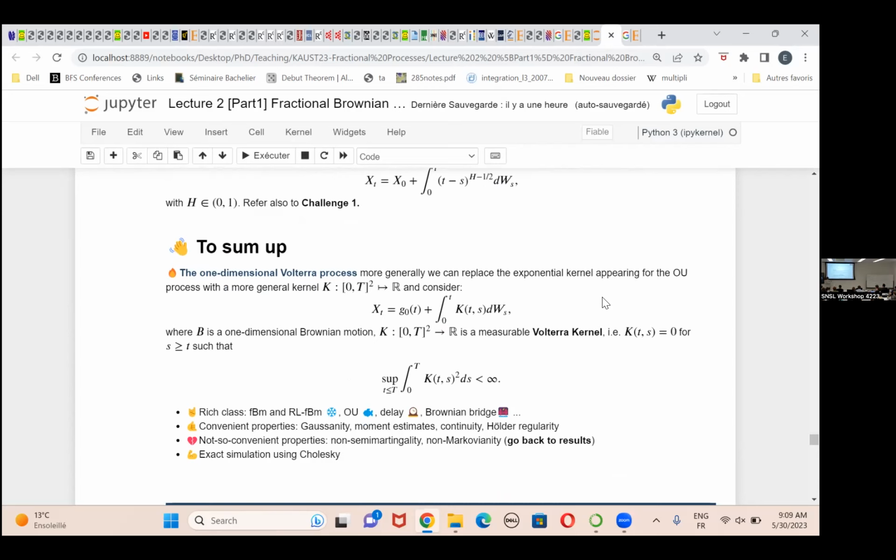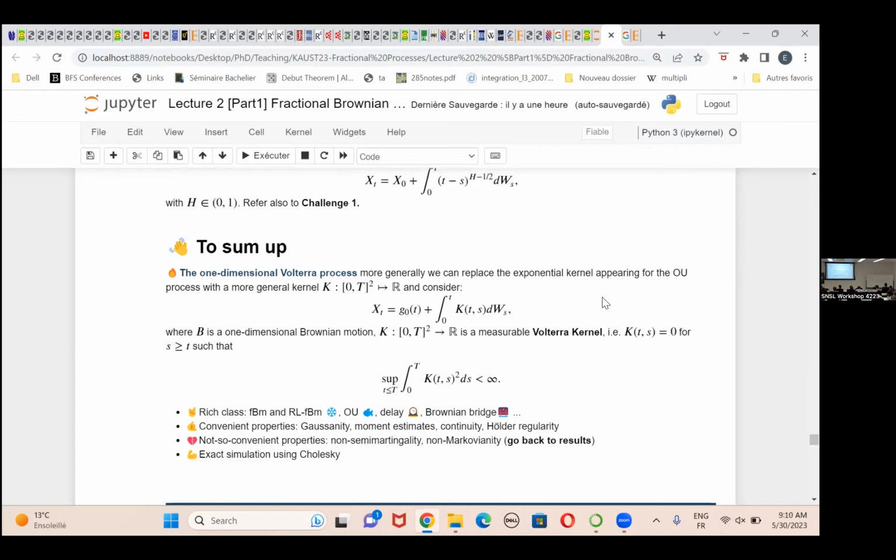Depending on the properties of K, the regularity of K, you either get smoother or rougher paths than Brownian motion, so it controls the regularity of the sample path. These were two nice properties that we can exploit, for instance, for simulation purposes using Cholesky.